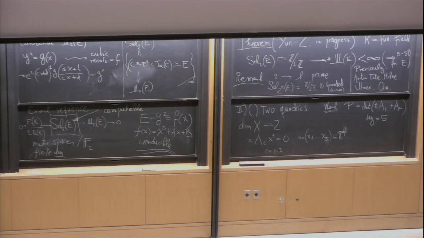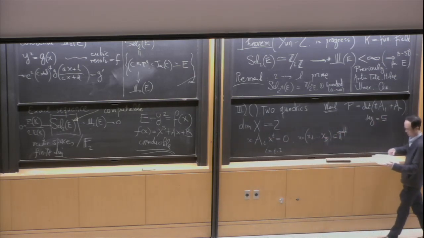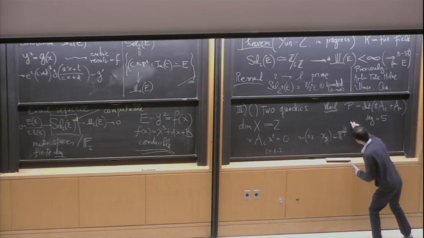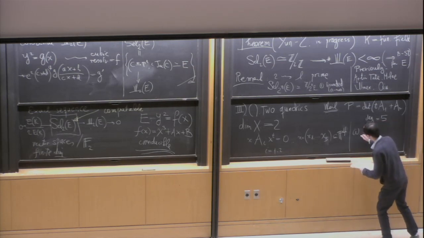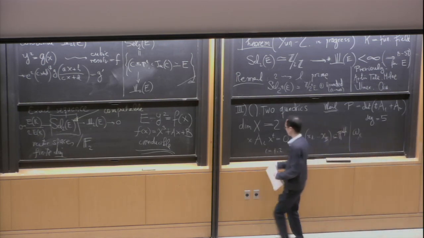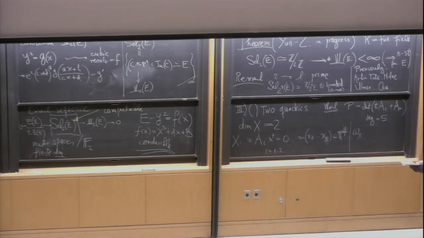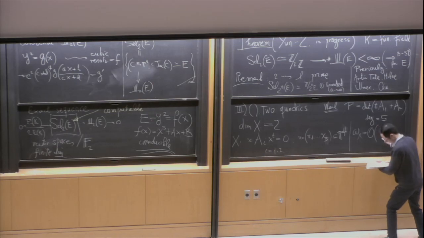In this case, I can compute the canonical sheaf for this intersection, defined by two equations. It's a two-dimensional variety.